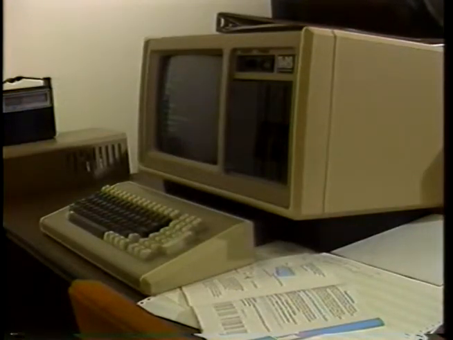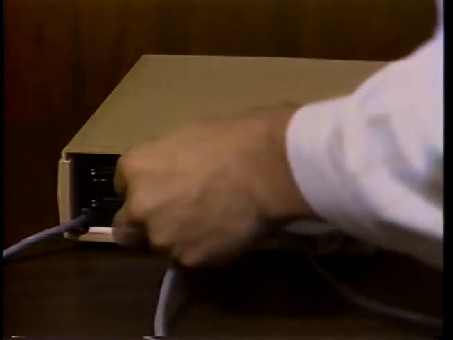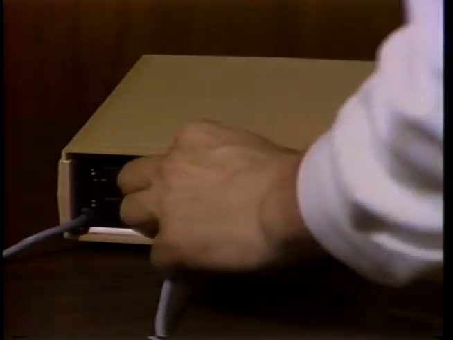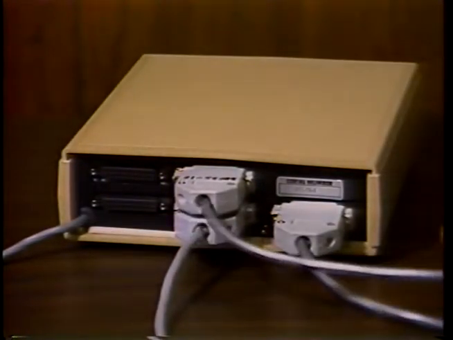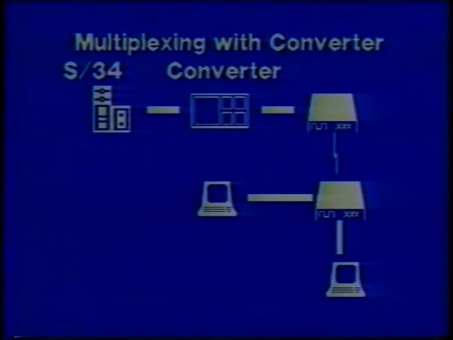For these needs, it's possible to use multiplexers on either dial-up or private lines to further save communications costs. Multiplexers provide users several benefits, including lower phone line costs, lower equipment costs, and error-free transmission.